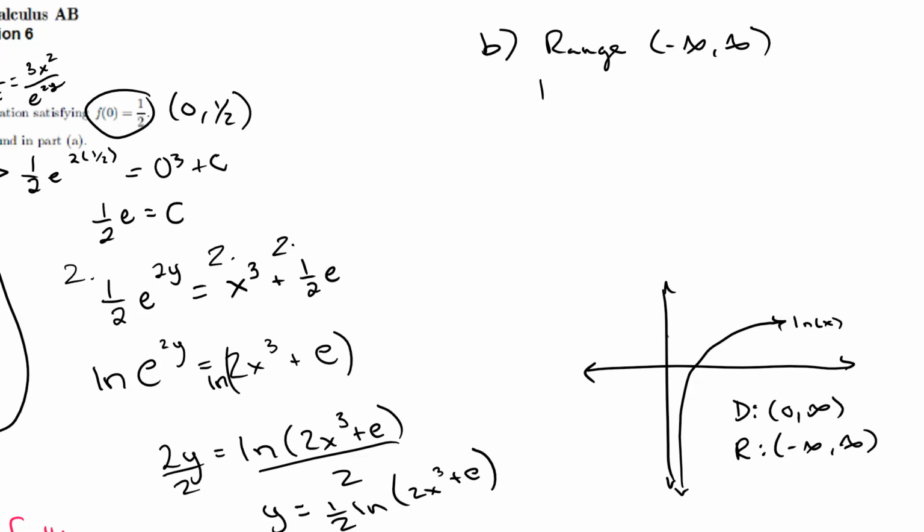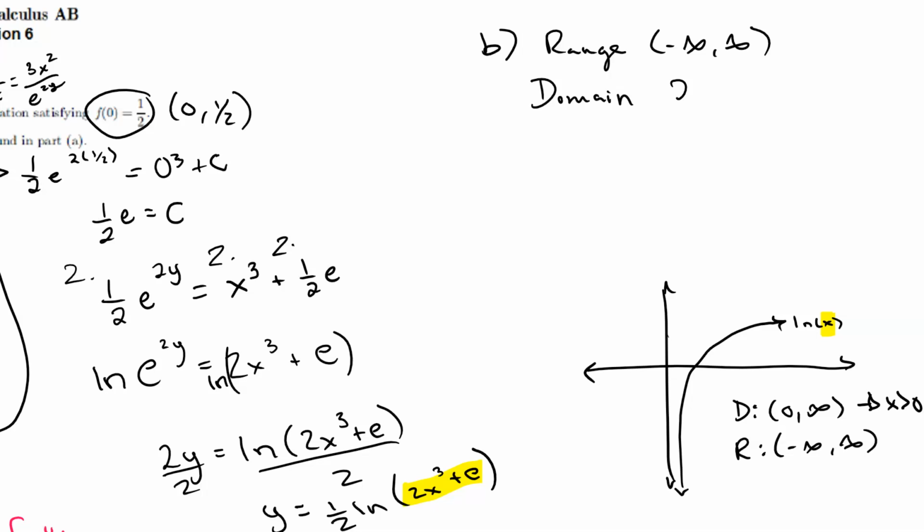Our domain is going to be a little trickier because we can't have any values less than 0. That's what this says, right? This says x has to be greater than 0. So we can't put anything in here that's equal to 0 or smaller.